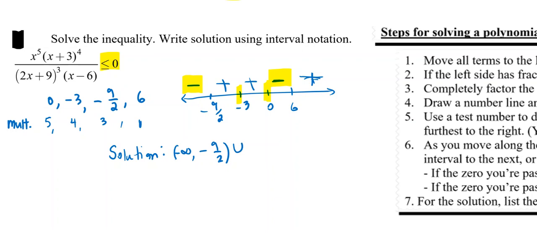We do want to include 0, see it's highlighted, but we do not want to include 6 because it makes the bottom 0. There's one other number that we're missing here, that -3 is also part of the solution set because it gives us 0 on top, which is what we want.